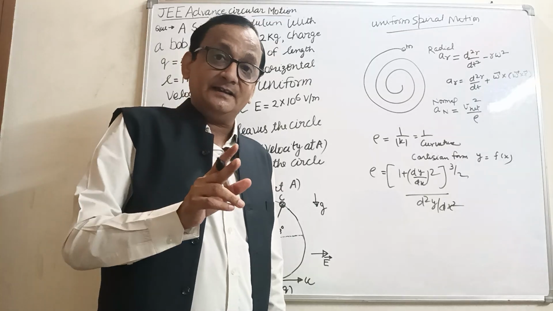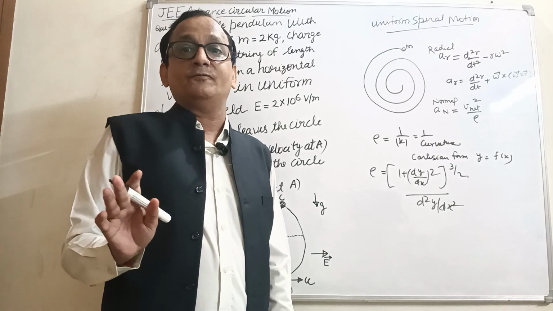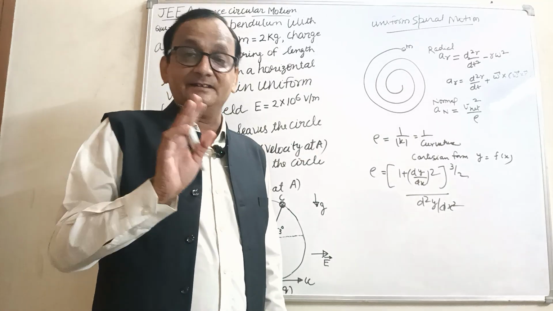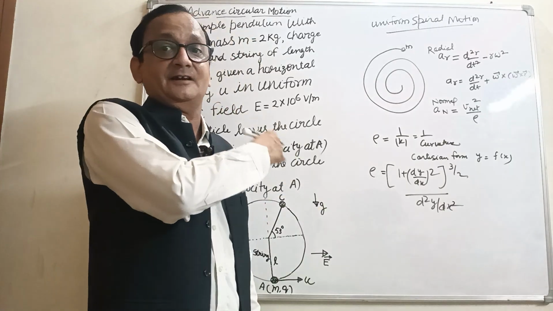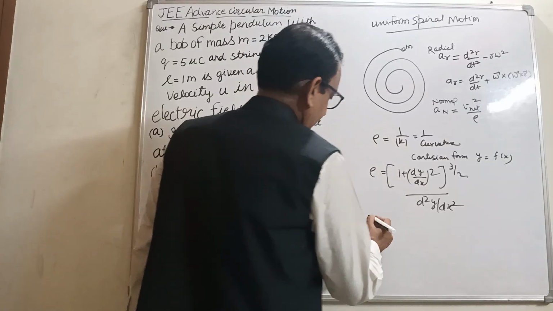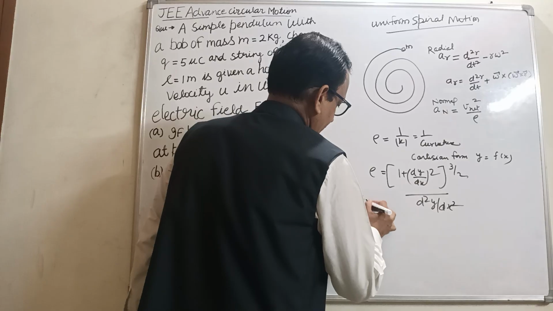And the tangential acceleration and transverse acceleration are the same in non-uniform circular motion, but here the tangential acceleration and transverse acceleration both are different. So this is transverse acceleration.